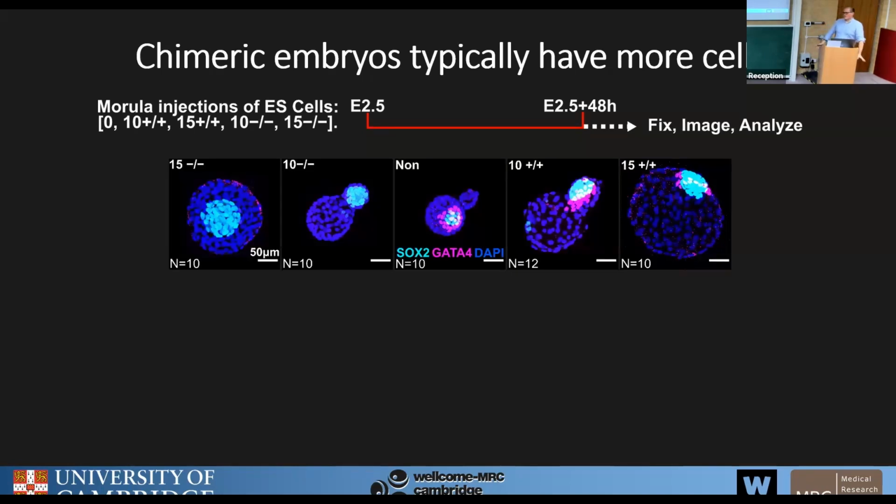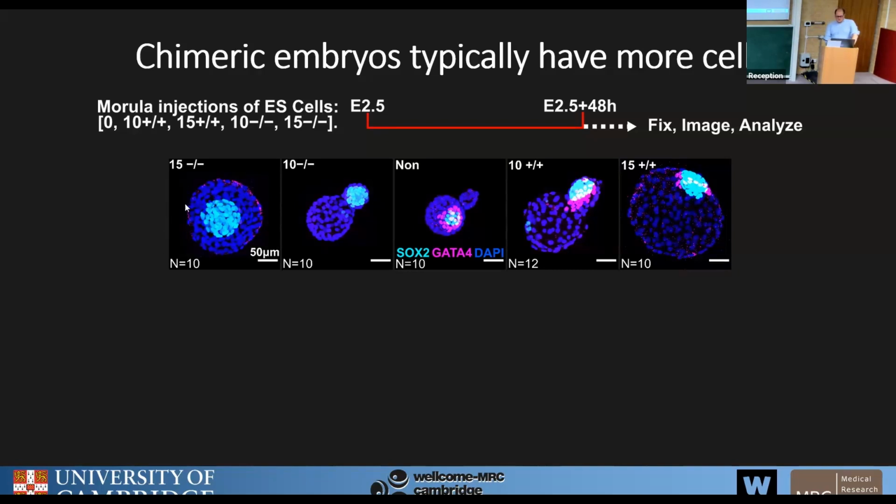So right off the bat, what you see is on the 15 cell on the left and the 15 cell on the right, regardless of wild type versus null donor cell, these are just quite large embryos. And we see kind of a gradient as you move from 15 to 10 to non-injected embryos.